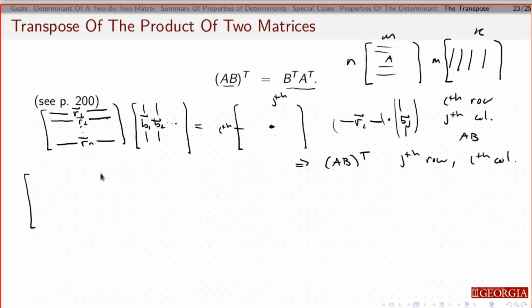So now let's look at B transpose, A transpose. So B transpose, the first row is going to be the first column of B. The second row is going to be the second column of B, and I go on down that way. So this whole thing is B transpose.